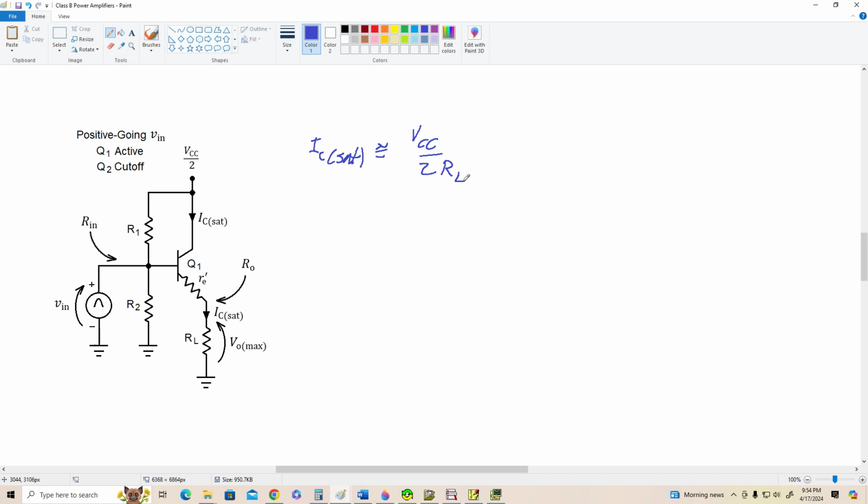That's the maximum current, and that's kind of assuming the transistor has a VCE sat of 0. Normally a pretty accurate approximation. VO max is simply approximately VCC over 2.